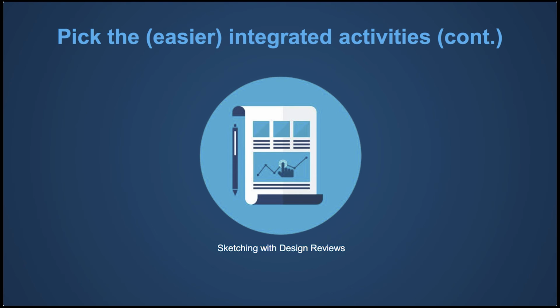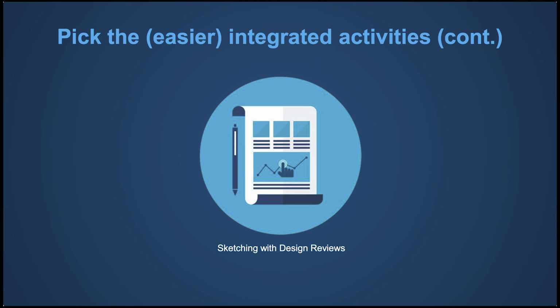Another really easy one, super easy one, is when you do design reviews, because almost every organization, whatever their sophistication is, does some sort of design review, right? Whether it's reviewing the workflows or the screens. And a great way to just learn the idea of iteration and getting feedback is to recognize that you can sketch, and sketching can be done literally by hand, or some people are super fast with something like Balsamiq.